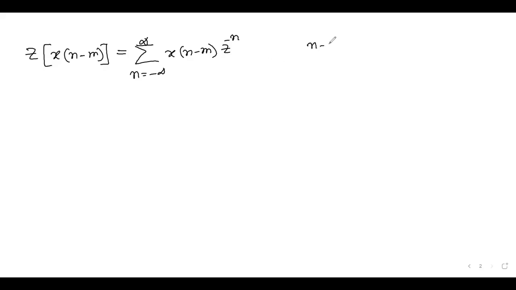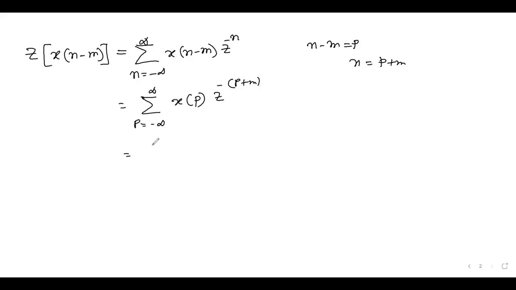Now, if we replace n minus m by p, in that case this will become x of p. n minus m is p, and n is basically p plus m, so that will be z to the power minus (p plus m). As n varies from minus infinity to plus infinity, p will also vary from minus infinity to plus infinity.